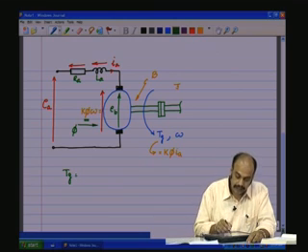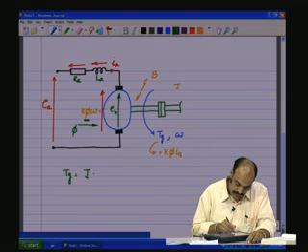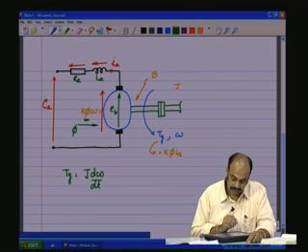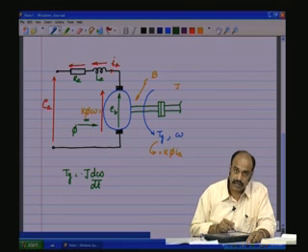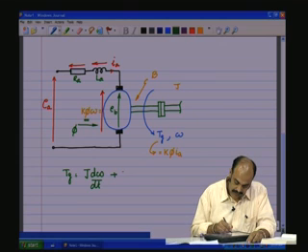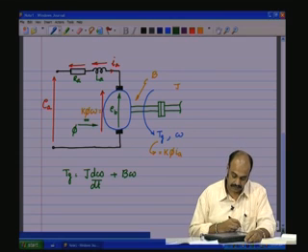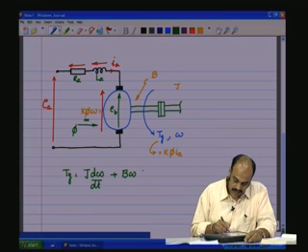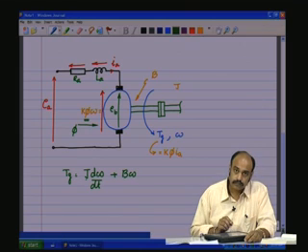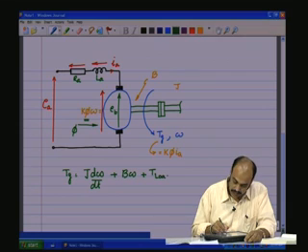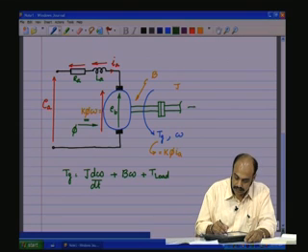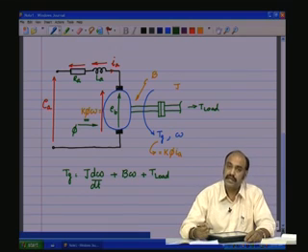Now, this is going to supply the inertial component J d omega by dt, which is similar to L di by dt, plus, like the IRA resistive drop, B omega in the mechanical domain, plus any other load torque which may be applied to the mechanical shaft. All this should be generated by Tg.